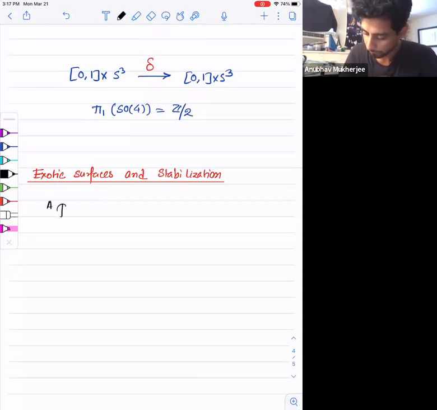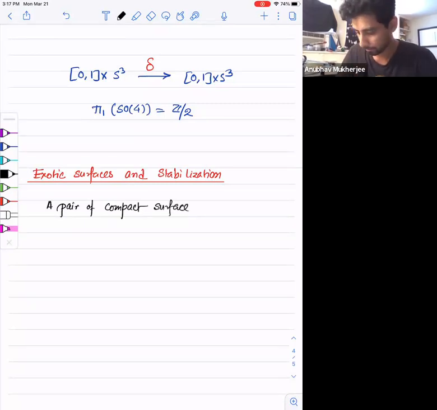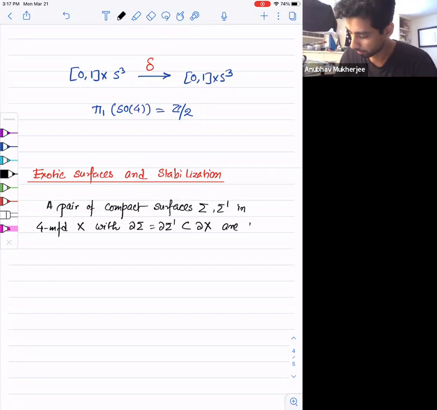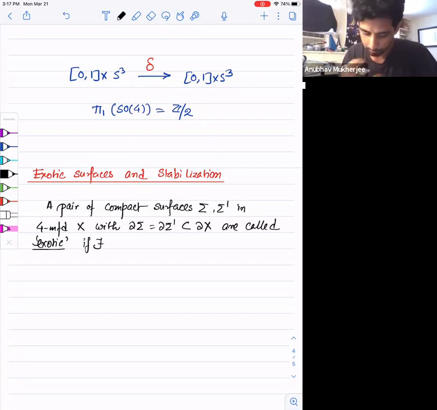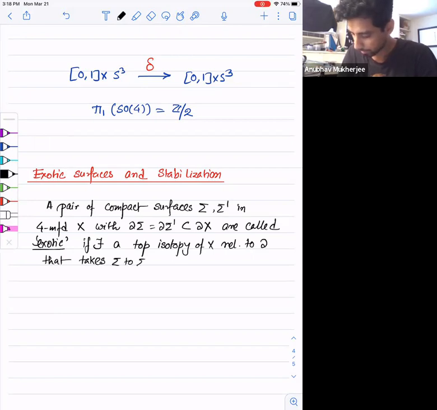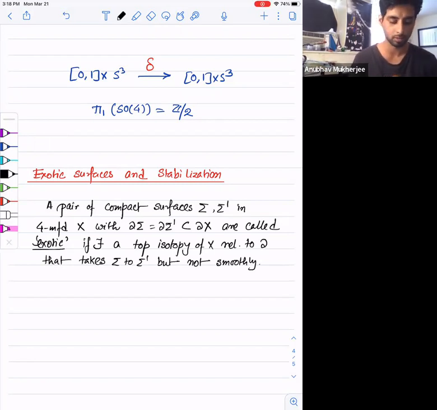A pair of compact surfaces sigma and sigma prime in a four-manifold X, with boundary of sigma equal to boundary of sigma prime in boundary of X, are called exotic if there exists a topological isotopy of X relative to the boundary that takes sigma to sigma prime, but not smoothly. So this is the general notion of exotic surfaces.